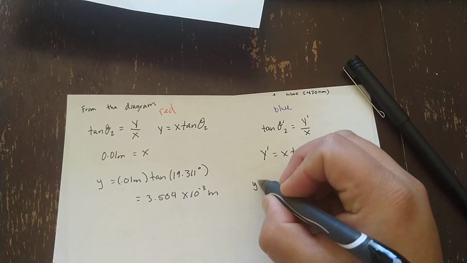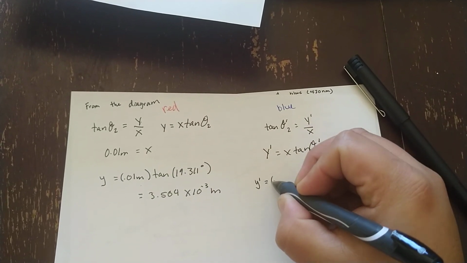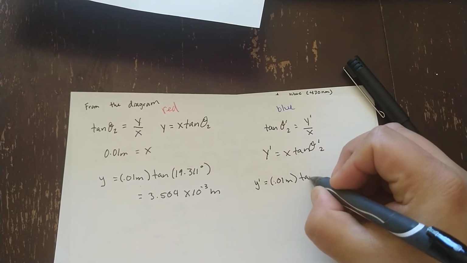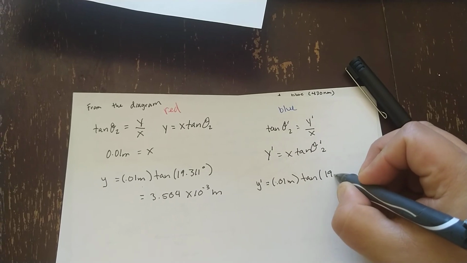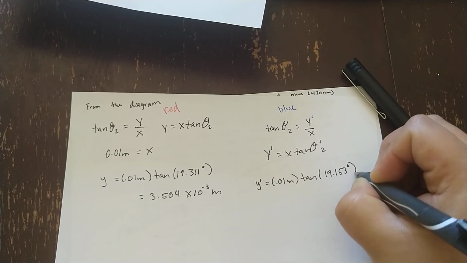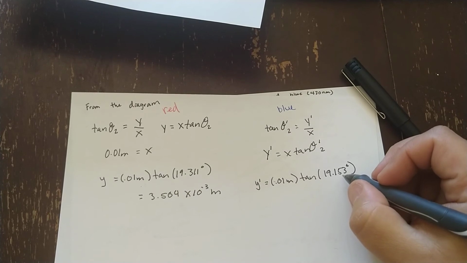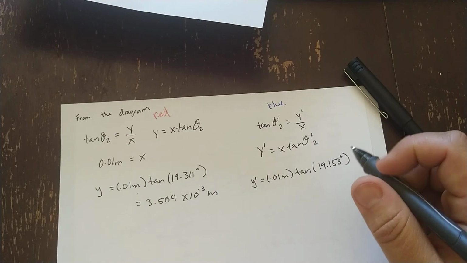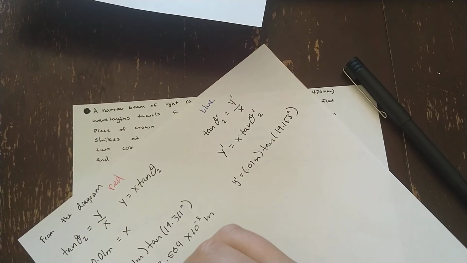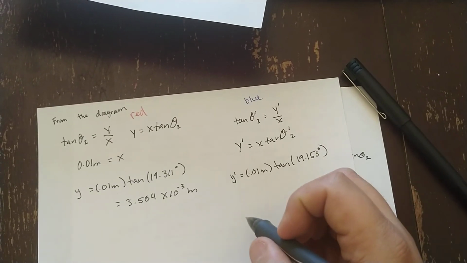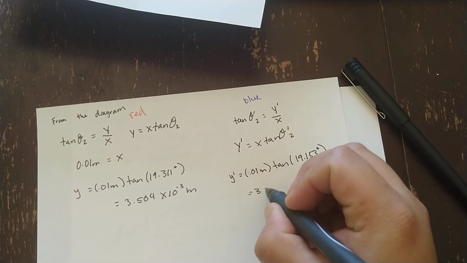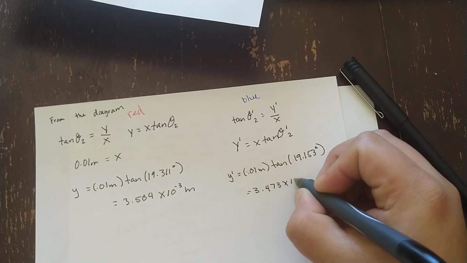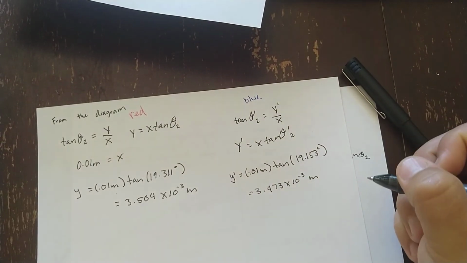Now, let's substitute in our values. And remember, we got this value from the work on the blue problem we did earlier. If you plug this into the calculator, it's going to be 3.473 times 10 to the negative 3 meters.